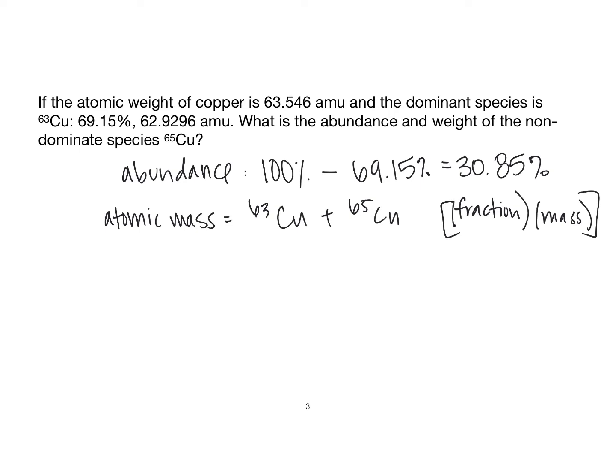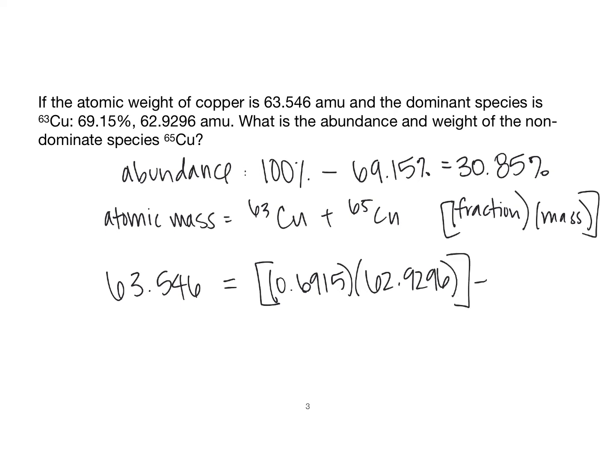This one is a little different: we have the atomic mass, 63.546 atomic mass units, and that's equal to the fractional abundance of 0.6915 multiplied by the mass of 62.9296, added together with the fractional abundance of 0.3085 multiplied by x, which is the mass of the non-dominant species.